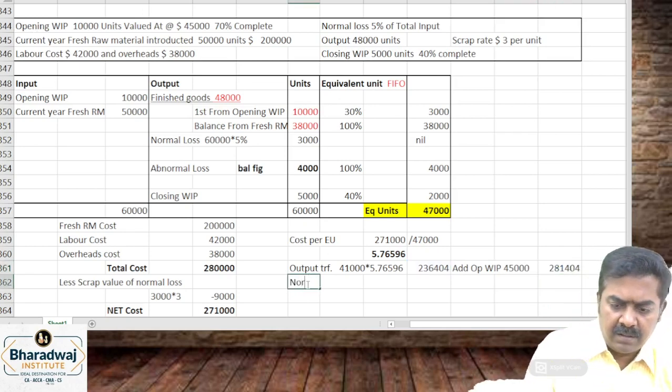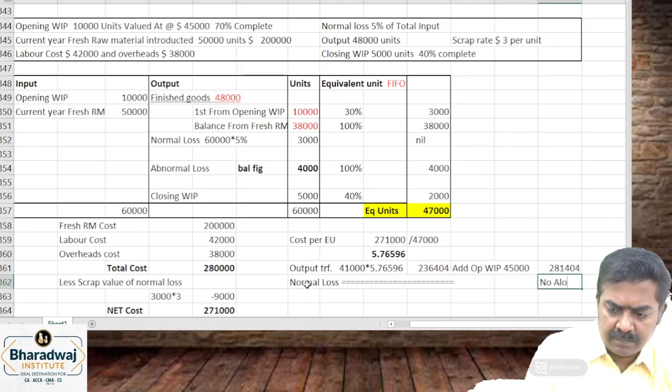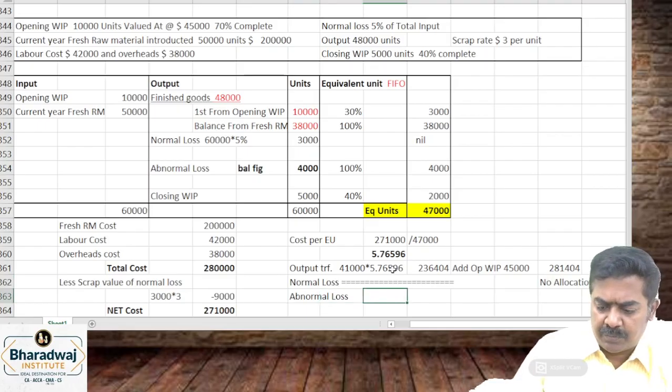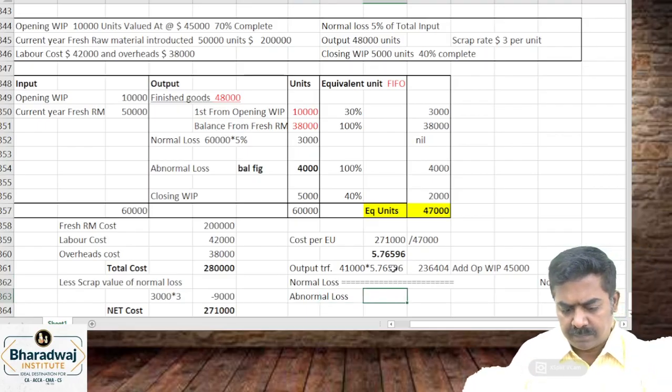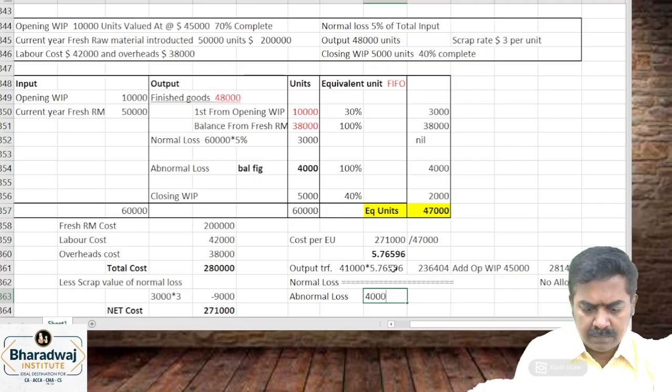Then normal loss, as usual, no cost is allocated. Abnormal loss, equivalent units are 4,000, 4,000 into cost per equivalent unit.